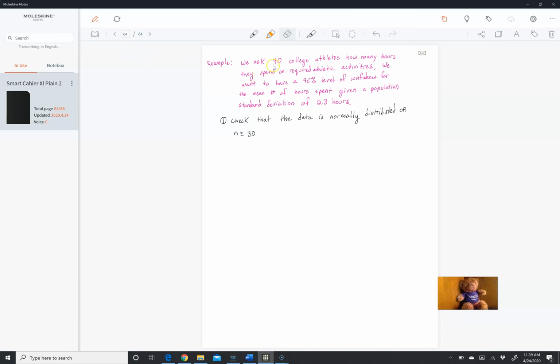If the data is normally distributed, it will say so; you're not guessing. Since we don't see the words normal distribution or normally distributed, we have to look at the sample size. And the answer is yes, the sample size is 40.